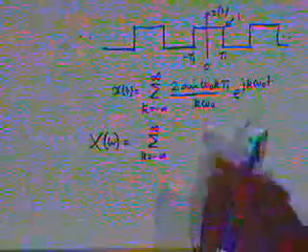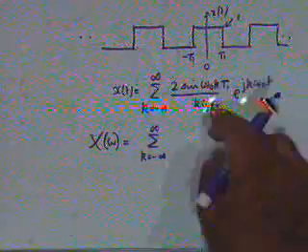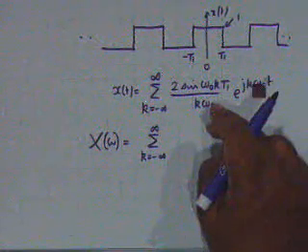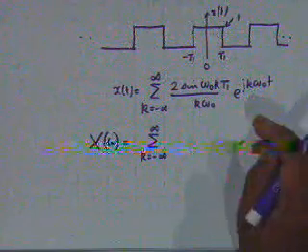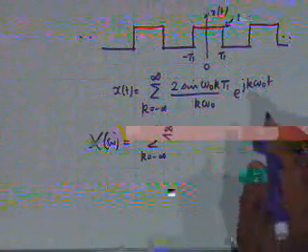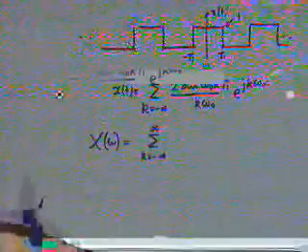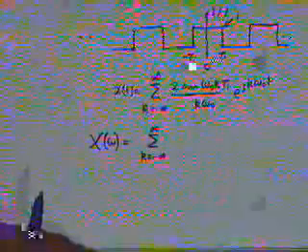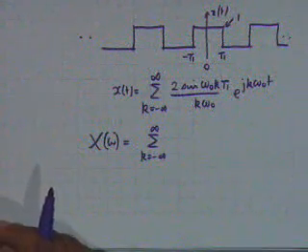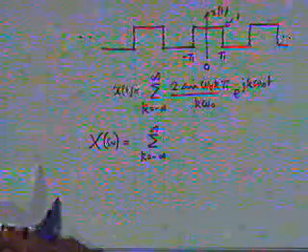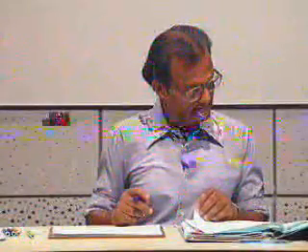I might have made a mistake. Is this okay? Have I written this correctly? The value of a_k. No, that's not it. Just a minute, let me check. Oh no, I made a mistake.